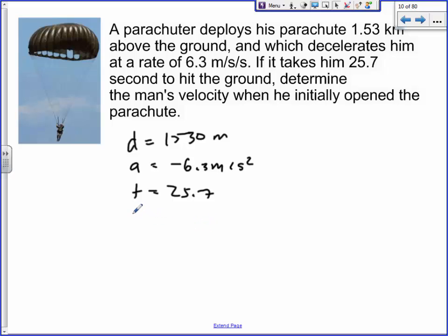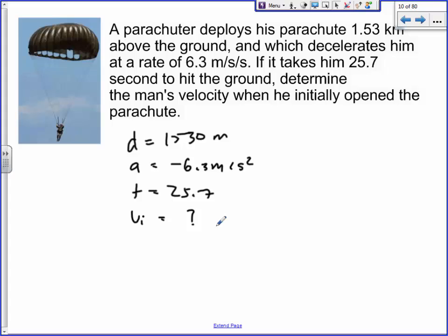And we want to know his initial velocity as he opened the parachute. So what information do we now have this time? Sorry, I mean, we're looking for initial velocity is what I'm going for.